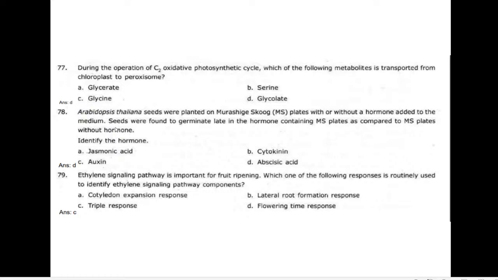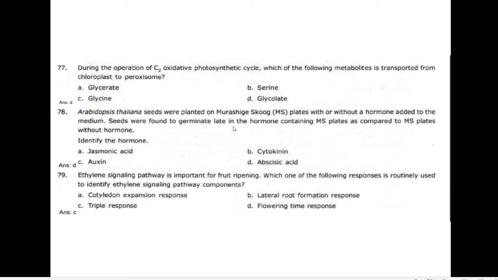Then Arabidopsis thaliana seeds were planted on Murashige and Skoog (MS) plates, an experimental medium, with and without hormone. The statement is that seeds were found to germinate late.